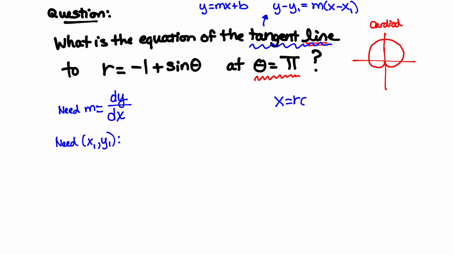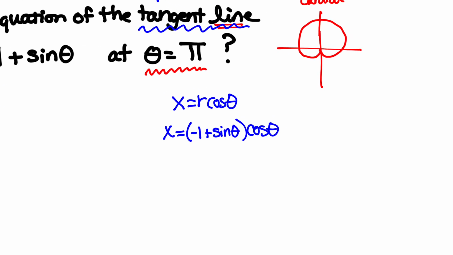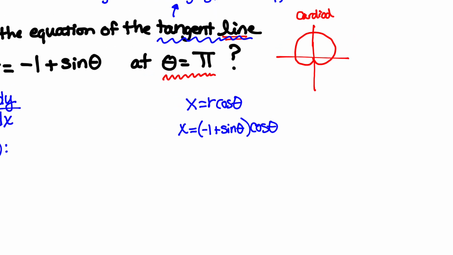Okay, so what is our r expression? r is a function of theta. It's -1 plus sine theta. So X could be rewritten as r cosine theta, which is just -1 plus sine theta times cosine theta.